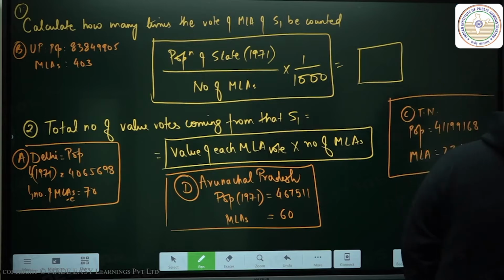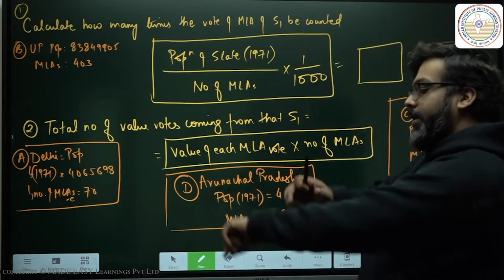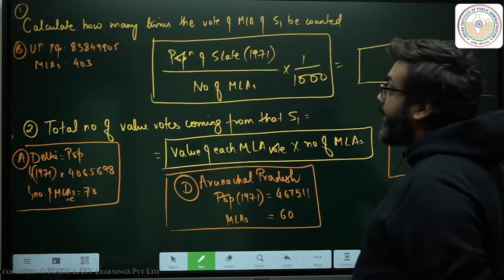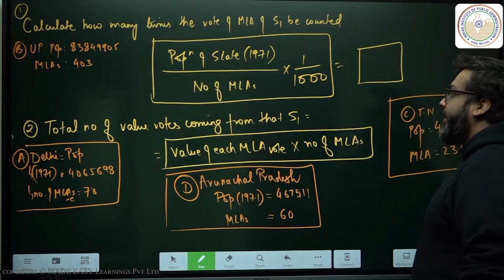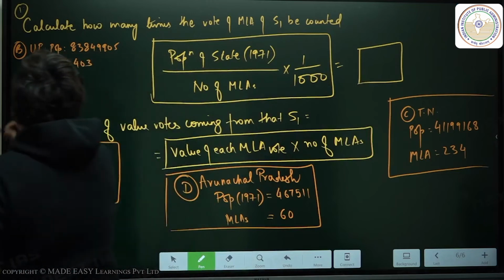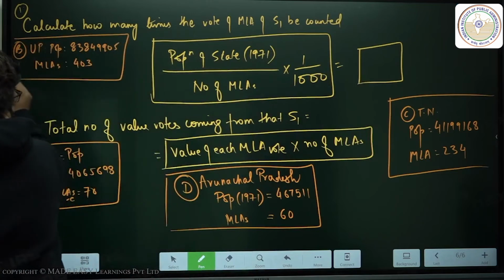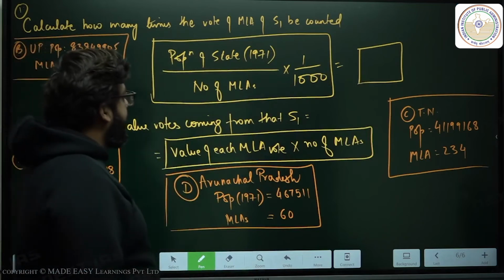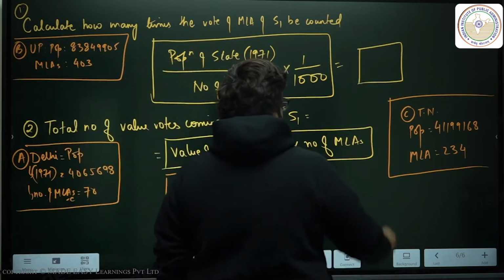Okay? Clear? 5 मिनट है, ये ब्रेक नहीं है, ब्रेक बाद में मिलेगी. 5 मिनट है, सबके नंबर निकालो. Calculate how many times, calculate both of these numbers.